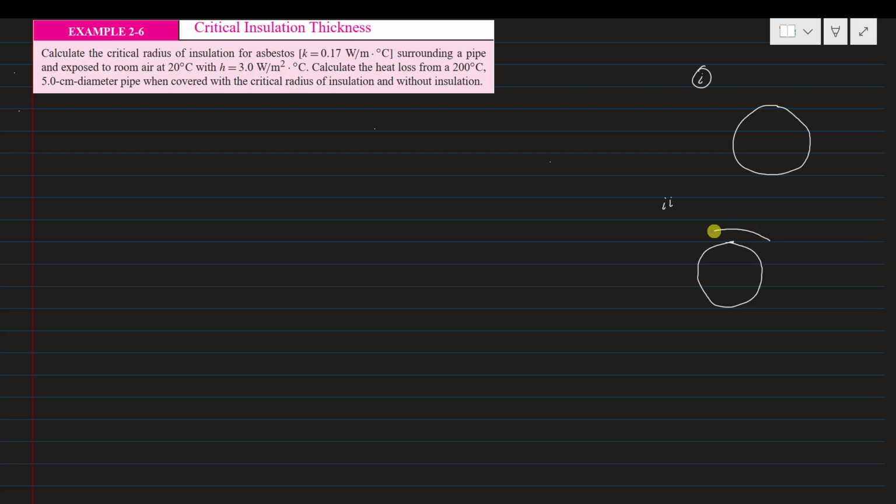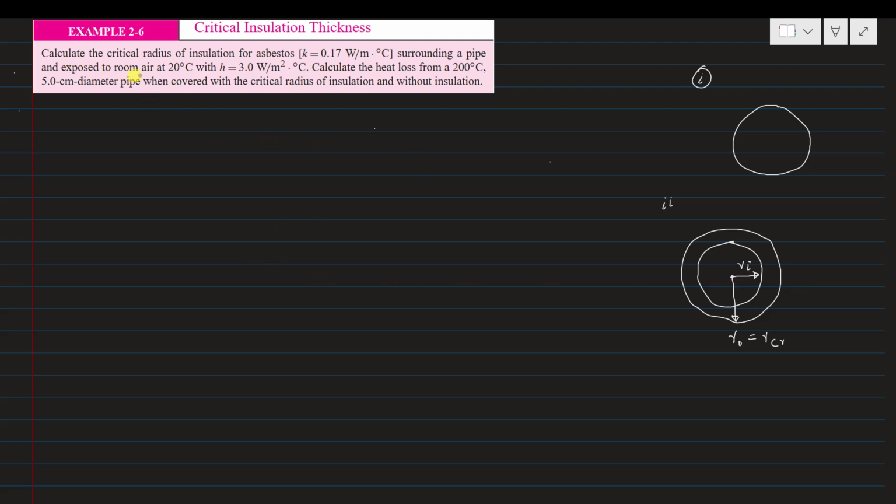Inside there is a pipe, and outside there is the insulation. This is the inside radius, Ri, and this outside radius is R0, which is equal to the critical radius.